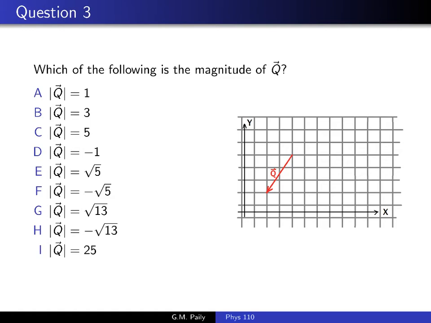What is the magnitude of the vector Q? Take a few moments and calculate that. Your previous result using the components of Q should help you get the answer here. The next slide will show the answer.